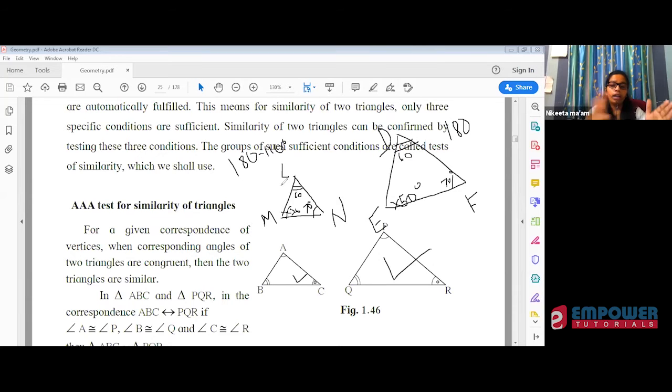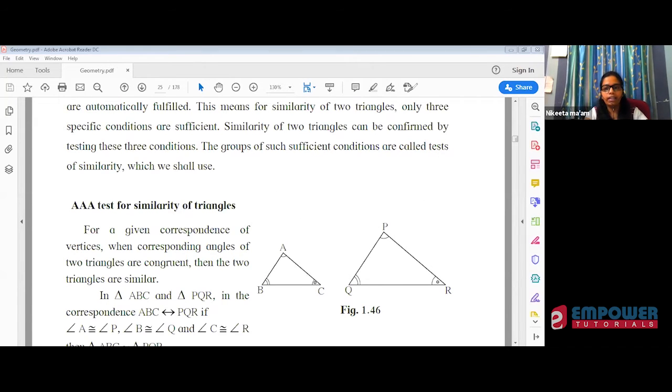If we subtract the addition of those two from 180, you will ultimately get the same angle of the other one, right? So basically, if two angles are congruent, the third will be congruent to the third angle of the other triangle. Yes, understood? AAA is also valid and AA is also valid.